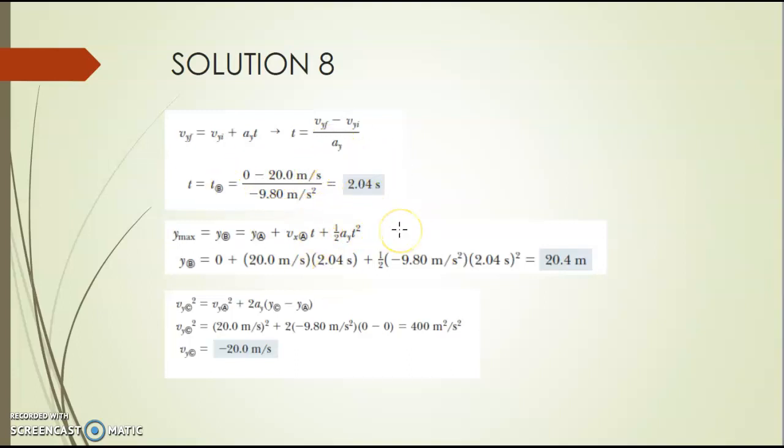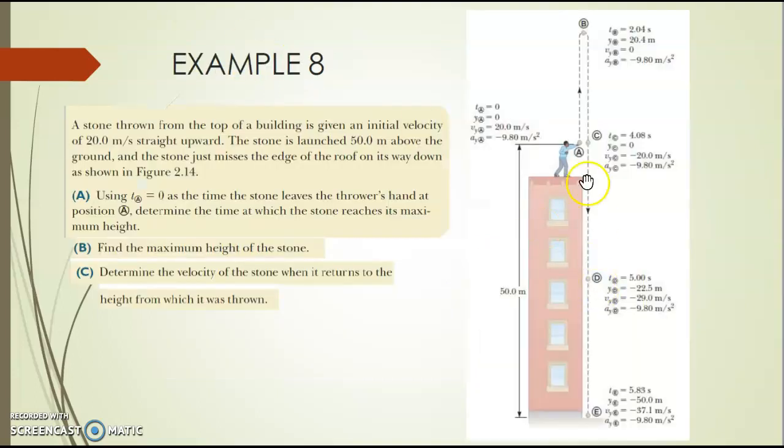Now, what is the maximum height? Okay, so our maximum height is taken from the top of the roof. Okay, so top of the roof is our origin. Here is our point of origin.